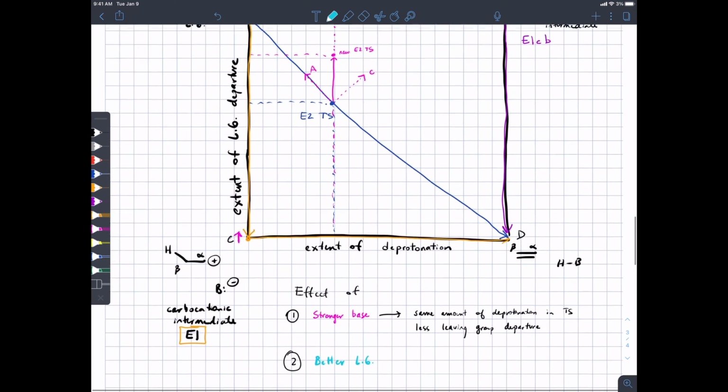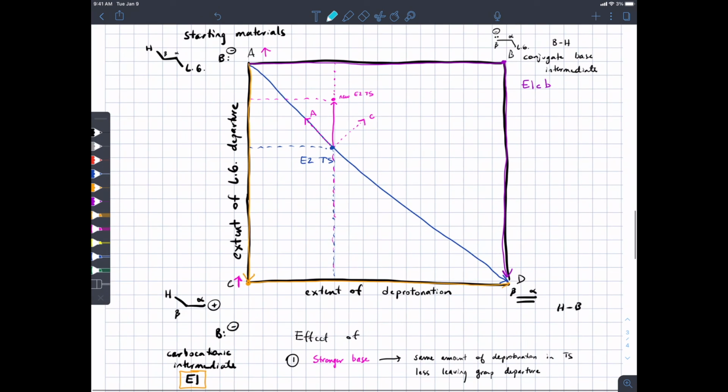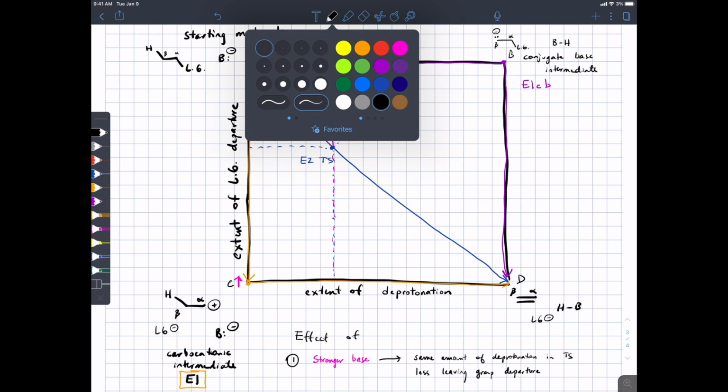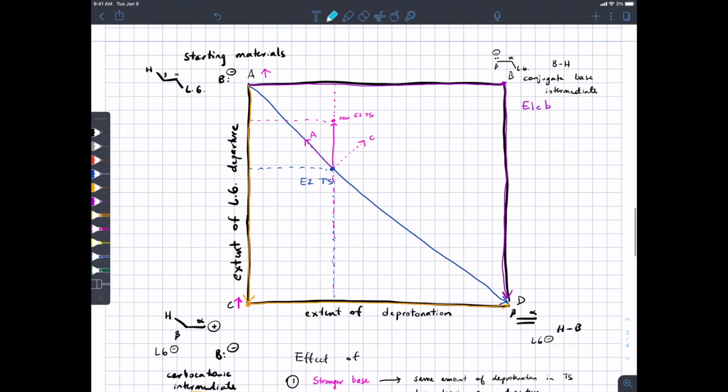Let's look at the corners, and let's talk about what having a better leaving group should do to any of these corners.